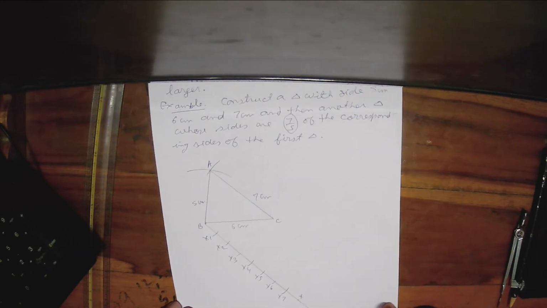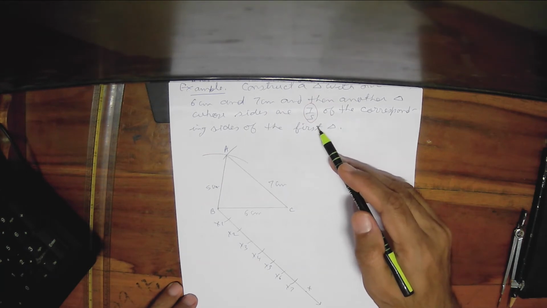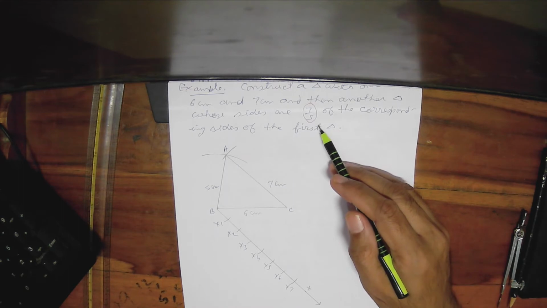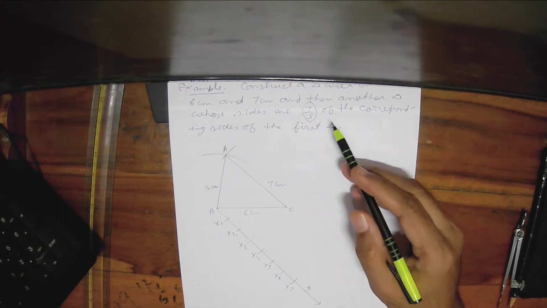Now the next important thing is that the fraction given to us is 7 by 5. The number in the denominator, that you will always join with C. What is the number here? 5.